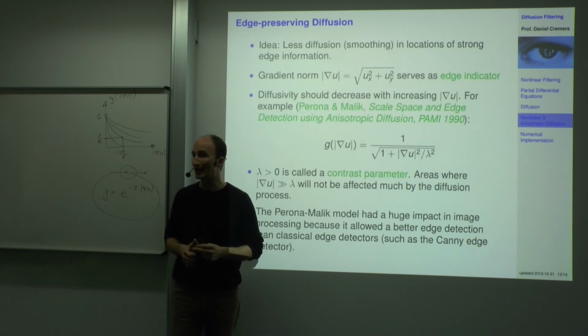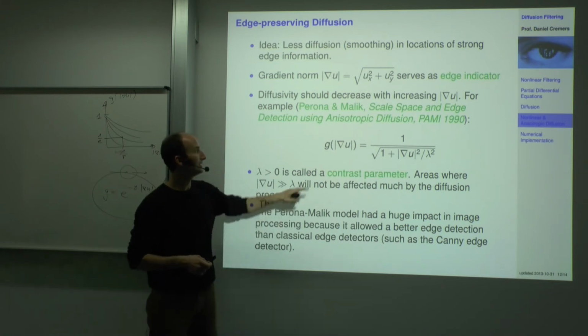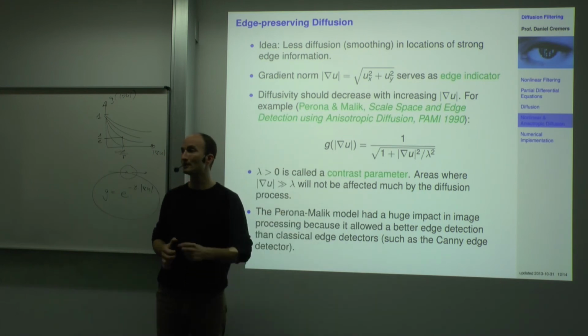Is this an anisotropic diffusion? Anyone want to take a guess? Yes. Exactly. g is a scalar, it's not a matrix.